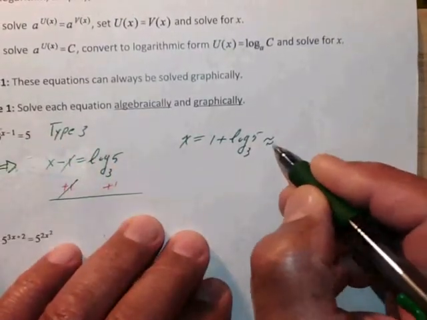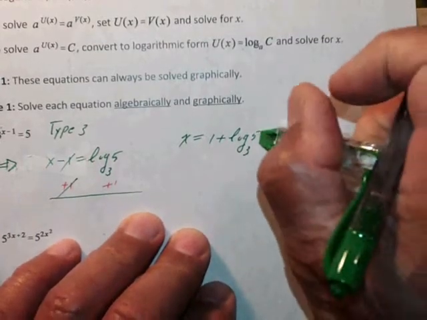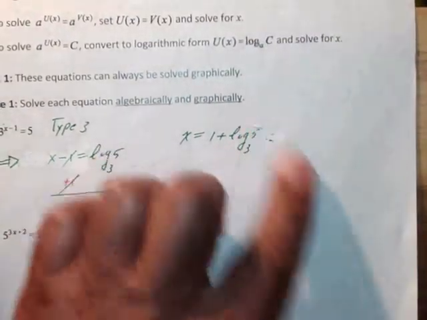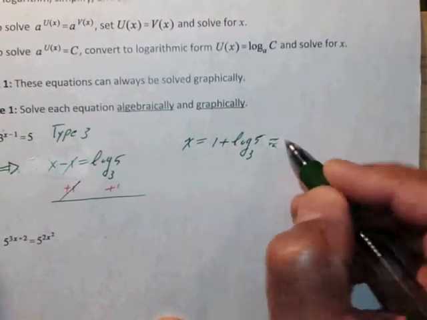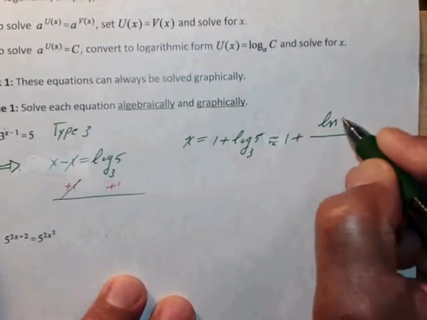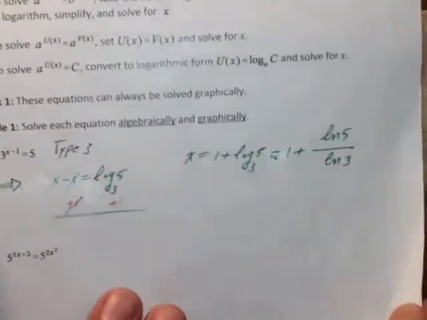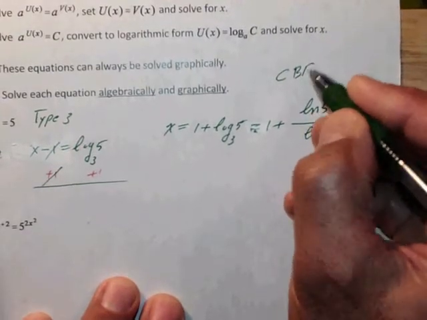So I rewrite this as 1 plus ln of 5 over ln of 3. Change of base formula, CBF.